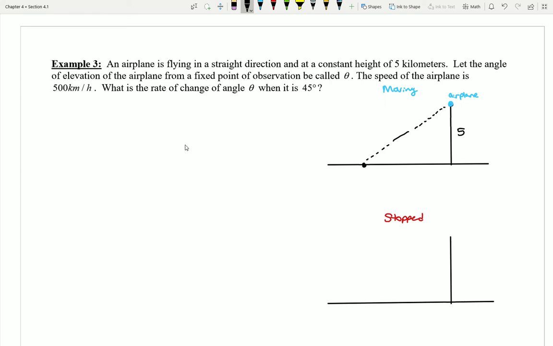Now the angle of elevation from a point of observation is always the following. You have to imagine from the person's eyesight that there's a horizontal line that a person could always look out along. But if they have to look up at an object that's floating up here, this person is going to have to tilt their head upward, right? They're going to have to tilt their eyes upward to view this. And there's some angle that they have to tilt their eyes upward in order to actually see the object.